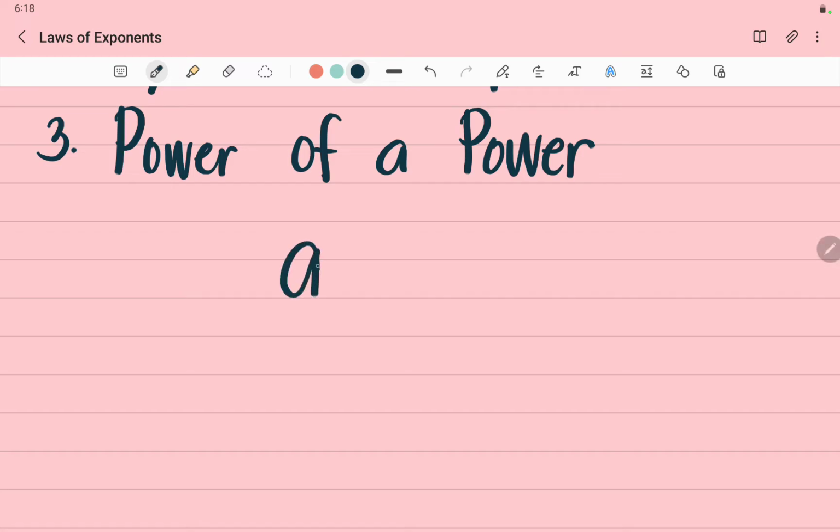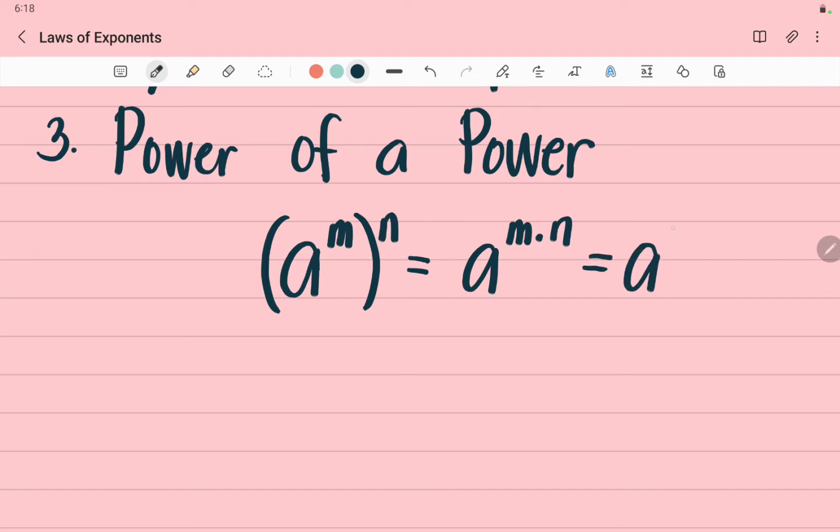If we have a raised to m, raised to n, what is the answer? We have a raised to m times n, or a raised to mn. Can you notice the pattern?